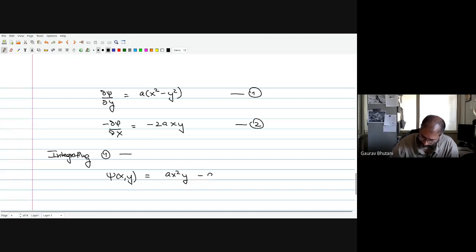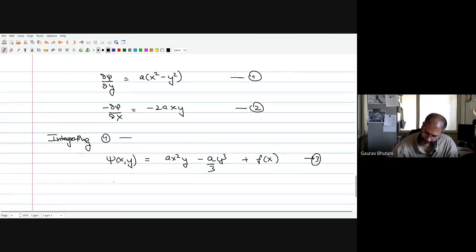And for the second term, we have to integrate y square, so that becomes a y cube by 3, plus you have a constant which could be a function of x. Because the best way is you check. If you differentiate 3 with respect to y partially, you should get 1. Is this clear?